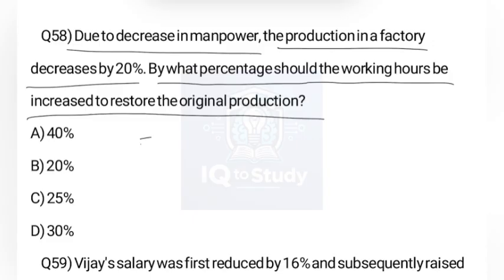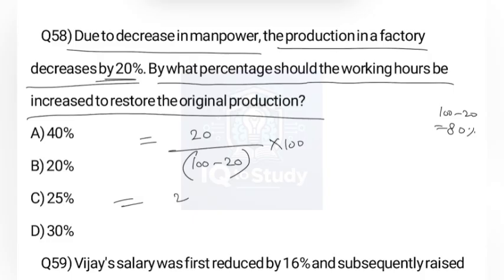So this is equal to 20 by 100 minus 20, because if it decreases by 20%, then the remaining is 80%. That is into 100, that is equal to 20 by 80 into 100. So the answer is 25%.